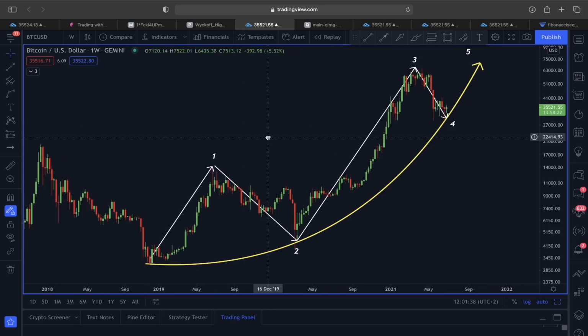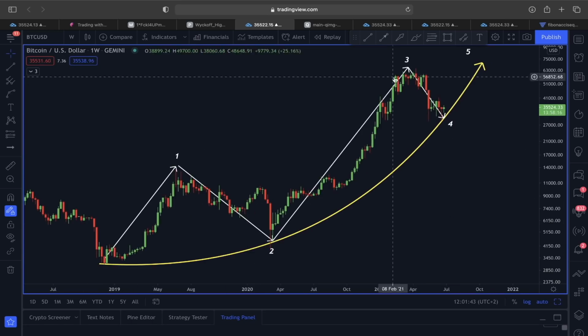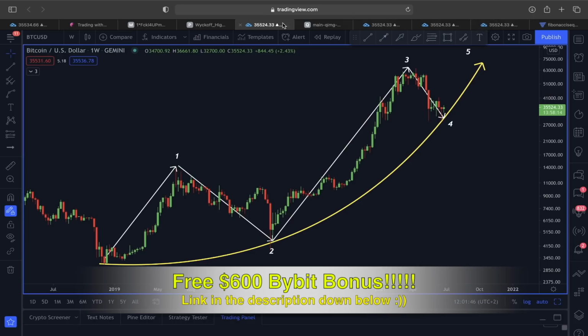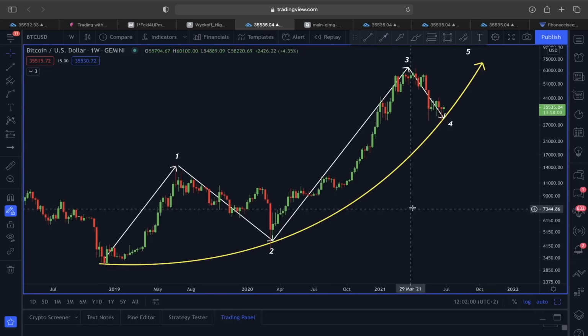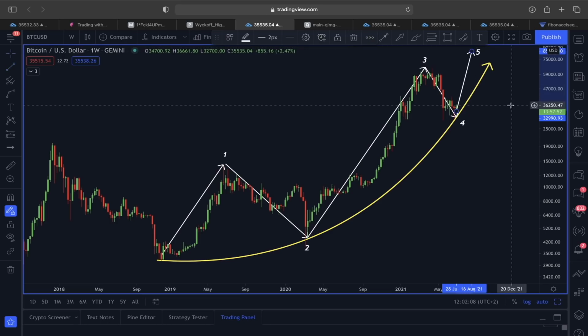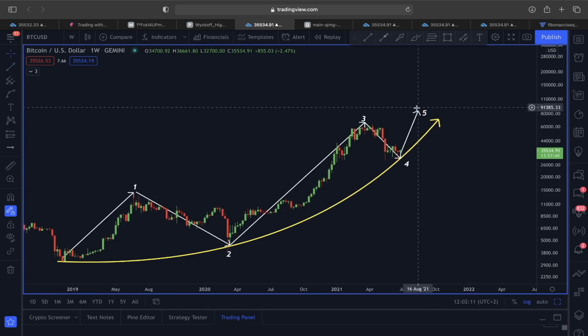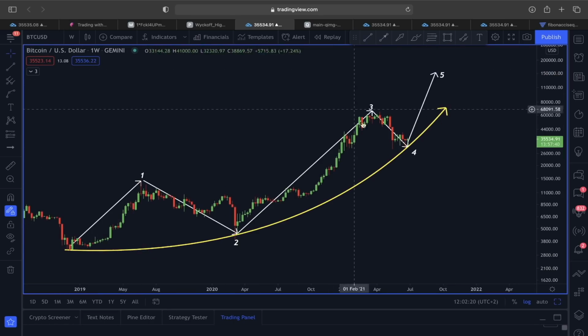So you can see here, guys, now this corrective move, what we are witnessing around this wave 4, if this is to follow this 1, 2, 3, 4, 5 impulsive move from the Elliott wave theory, then the price here still has one impulsive move left before an actual trend reversal starts playing out for Bitcoin, because according to this Elliott wave, the price here could be falling in this manner, and this final movement here is still open for Bitcoin price action, because only then is this Elliott wave impulsive move theory going to end.